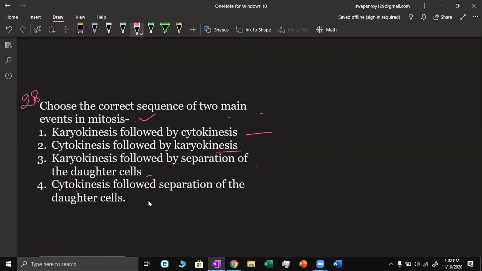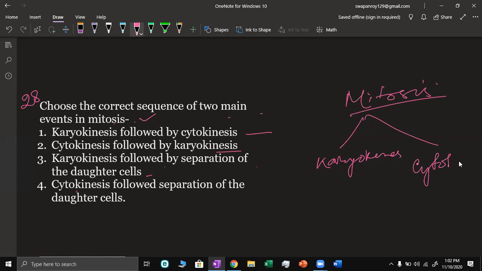Two main events are there. Mitosis we can study in two main phases. One is karyokinesis, and then it is cytokinesis. Here it is the nuclear division, and here it is the cytoplasmic division.